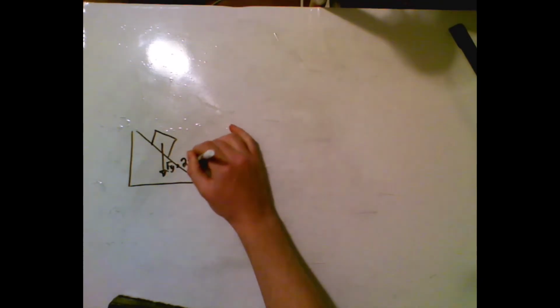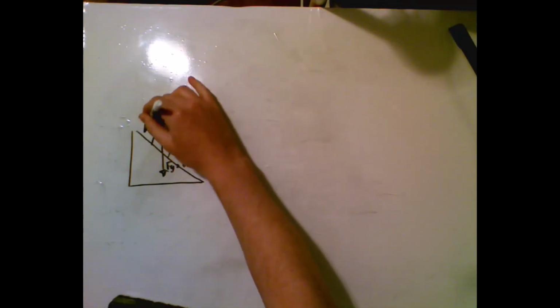Force of gravity is down, and it's 275 newtons. And there we go, now we can see this. And then my force of friction equals 96 newtons.